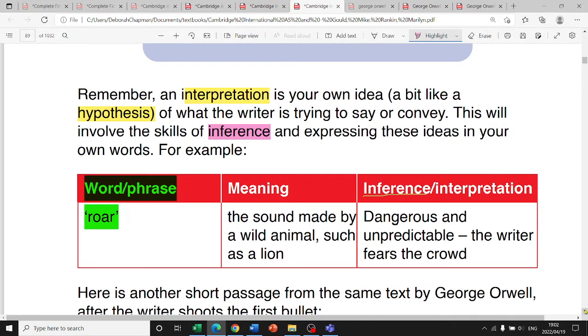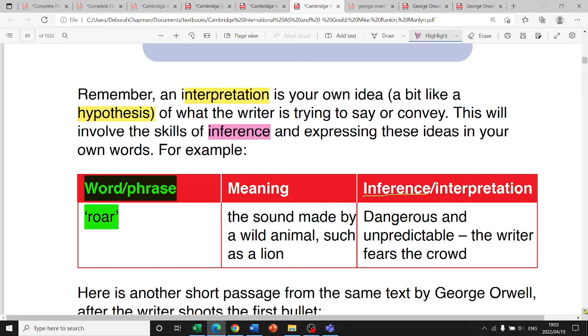So you're identifying the phrase. The interpretation is what you think the writer is trying to say, or what the writer is trying to convey, to share. So you've got to think about, what is the writer inferring?